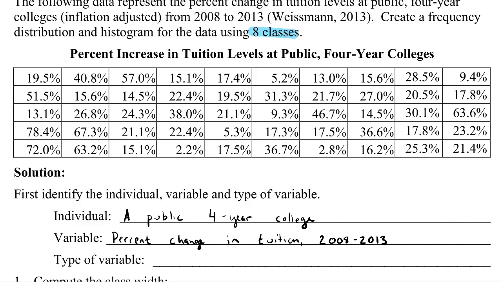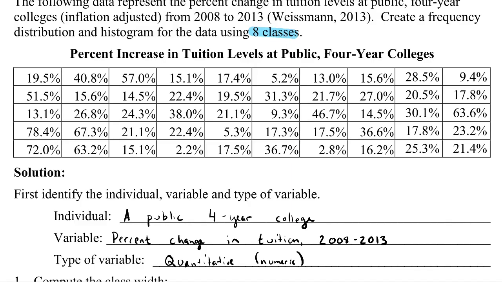We'll just treat percent here the same way that we treated dollars in the previous examples. It's just a unit of measure. So these are numbers that it makes sense to do math with. This is a quantitative or numeric variable, so it makes sense to do this process.